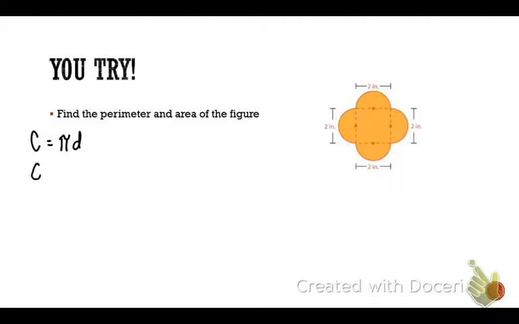Okay, so C equals 3.14 times my diameter of 2. So C equals 6.28. Now, at this point, because it's a semicircle, I could divide it by 2 to find the circumference of one semicircle and then multiply it by 4. Or I could realize that one semicircle plus another semicircle is one circle, right? So this is one circle, and this is my second circle.